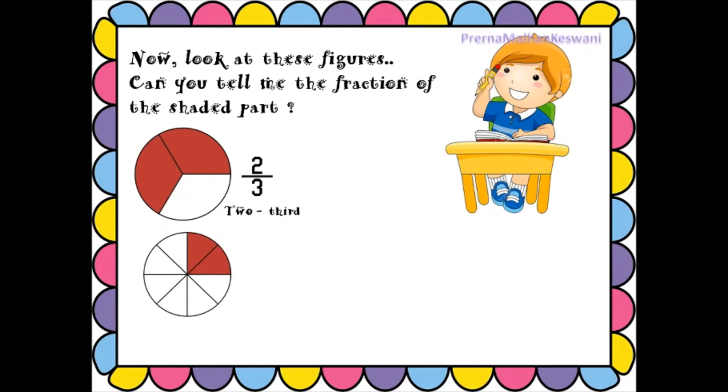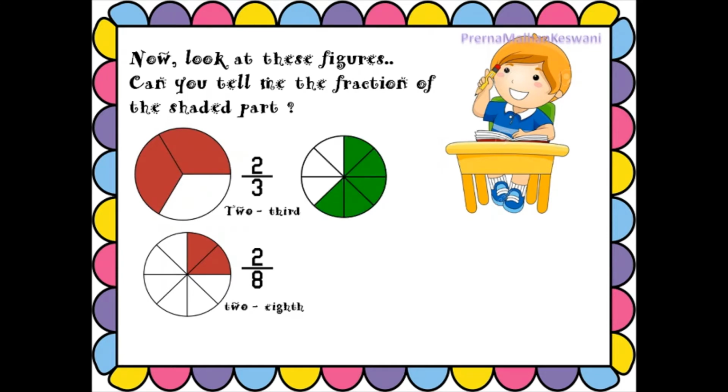Now here, the total number of parts are 8, but the shaded ones are just 2. So, the fraction will be 2 by 8 or 2/8. Here also, there are 8 full parts, but how many are shaded?